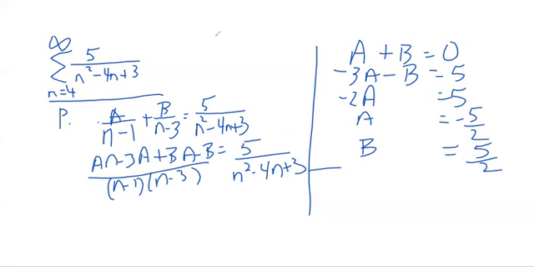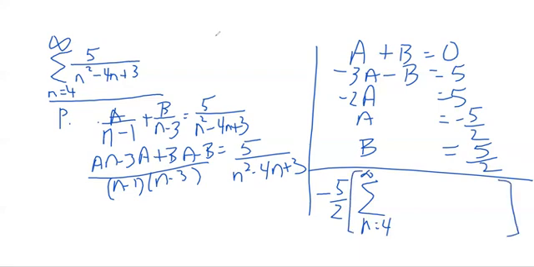So this summation would be rewritten as, there's a lot of ways you could write it. I'm going to go ahead and rewrite it as negative 5 halves factored out of a summation of 1 over n minus 1.